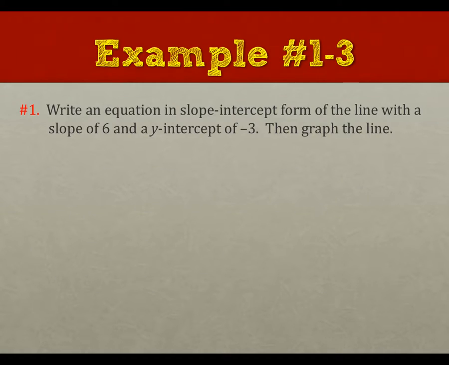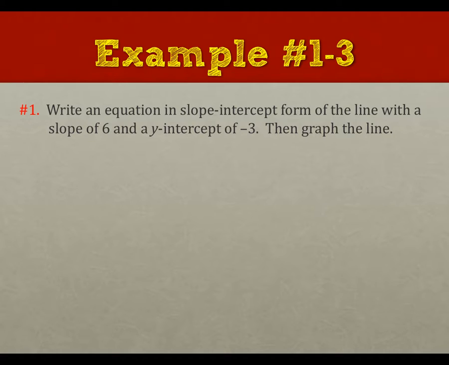Okay, so let's start with some examples. As much as I just said I hate slope-intercept form, sometimes it's a lot easier because this problem gives you two things. It gives you a slope and a y-intercept. So use the slope and the y-intercept in slope-intercept form and write the equation of that line. You can skip the graphing part.